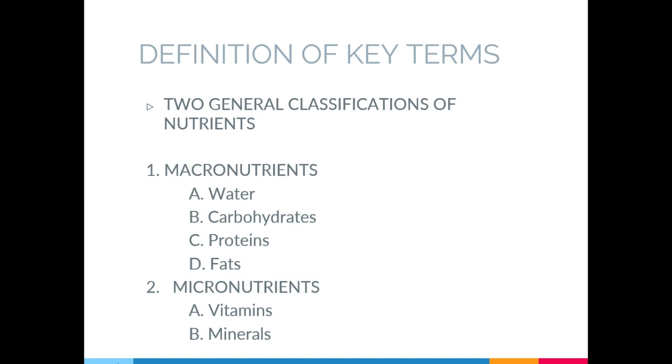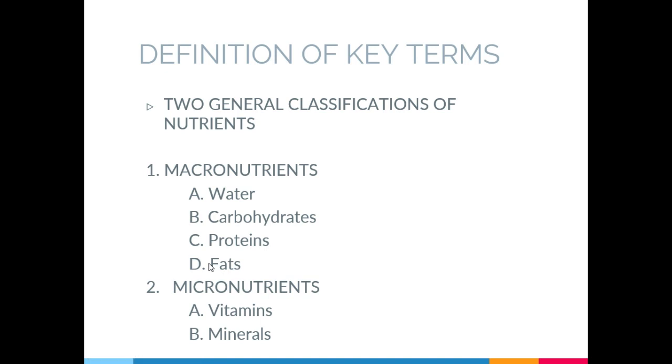Water is the major one, the most abundant in our food, followed by the other macronutrients: carbohydrates, proteins, and fats. So these are large in our foods.